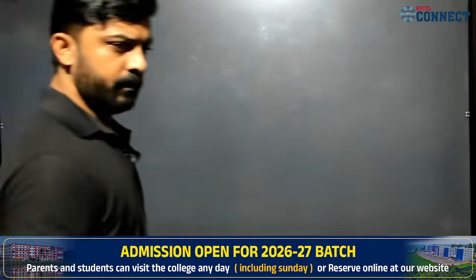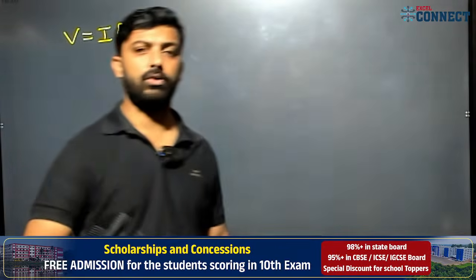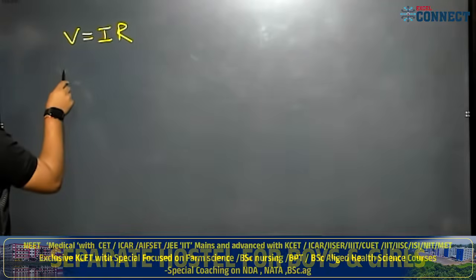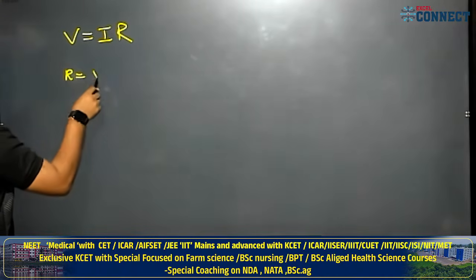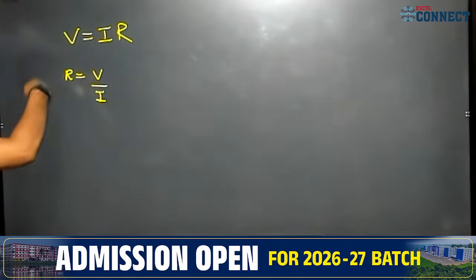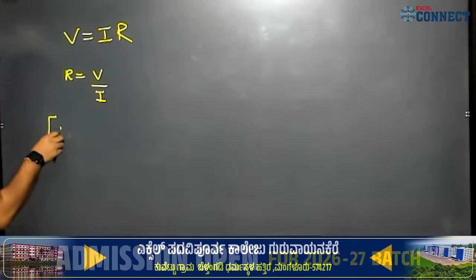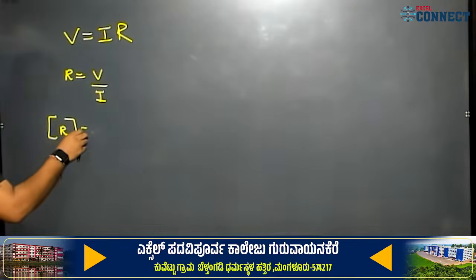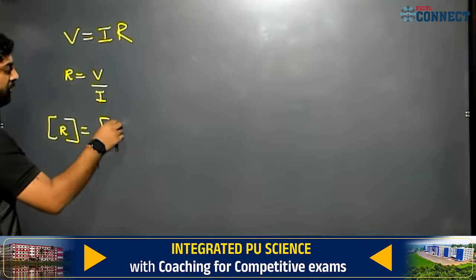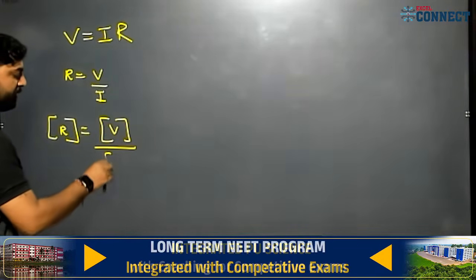V is equal to IR. Then what is the dimension of R? What is R? R is equal to V by I, right? So using this formula we can find the dimension of R. So what is the dimension of R? It is the dimension of V divided by the dimension of I.